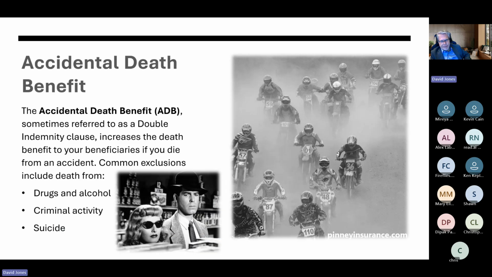Accidental death benefit. This is just like it sounds. If one were to die of an accident, it adds to the death benefit on their policy. The accidental death benefit is sometimes referred to as a double indemnity clause because it can even double the death benefit. Usually there's about a $250,000 limit on these things, but it can increase the death benefit to that amount that your beneficiaries get if you die from an accident.